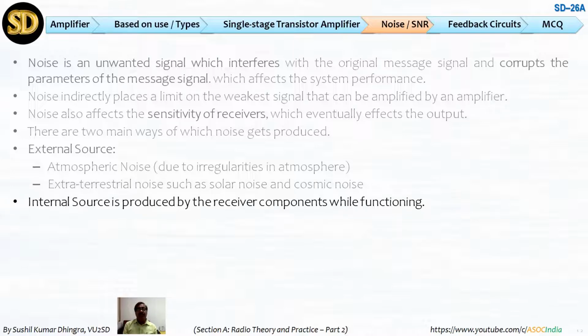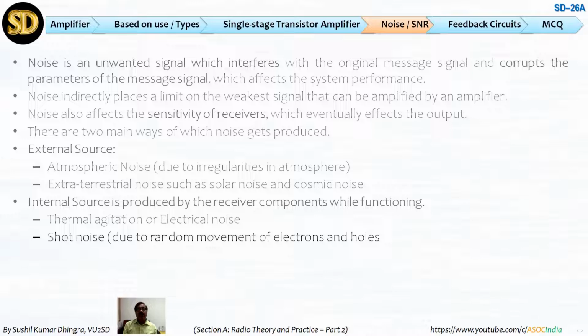And the second is internal sources: internal noise is due to the power supply, filters, diodes, disturbance and loose connection of the power supply, thermal agitation noise, or even shot noise due to random movement of electrons and holes. They also sometimes create noise, and this noise coming from a microphone is being recorded in your application.